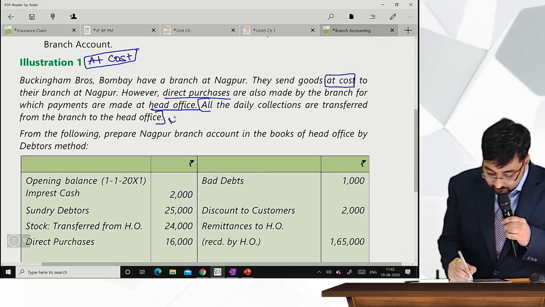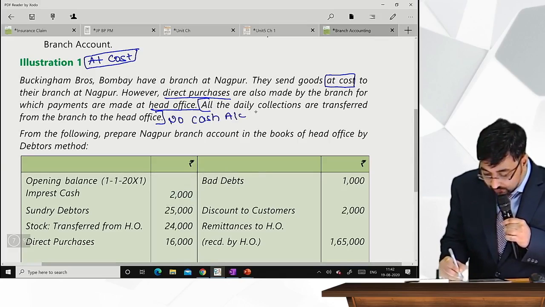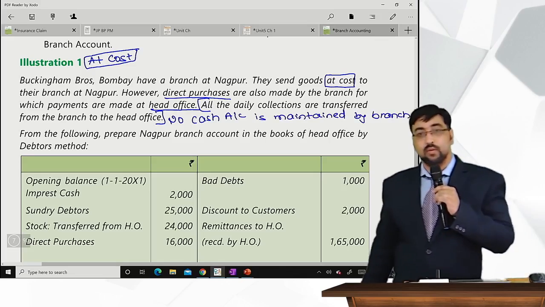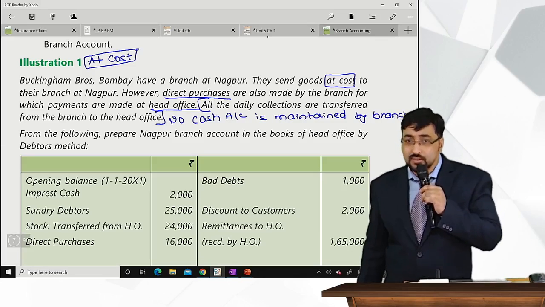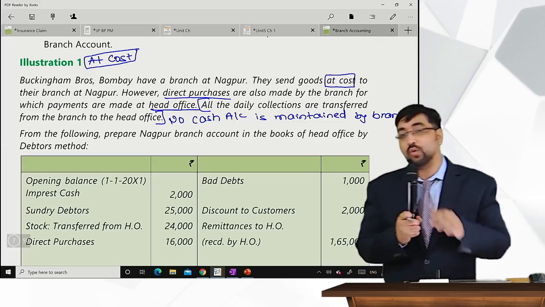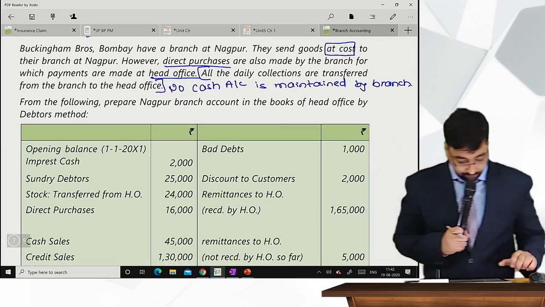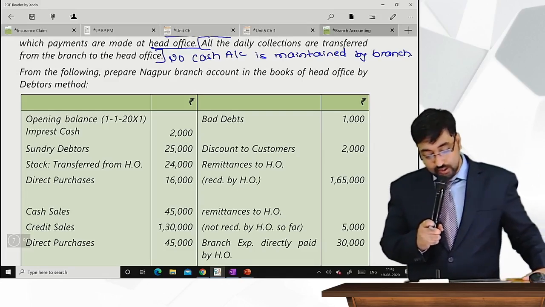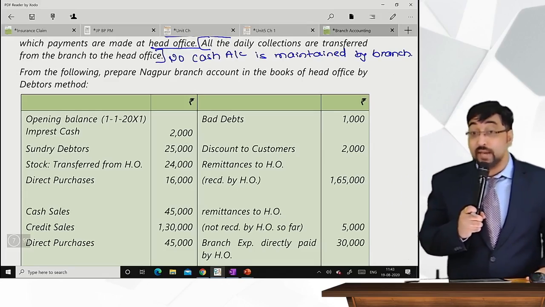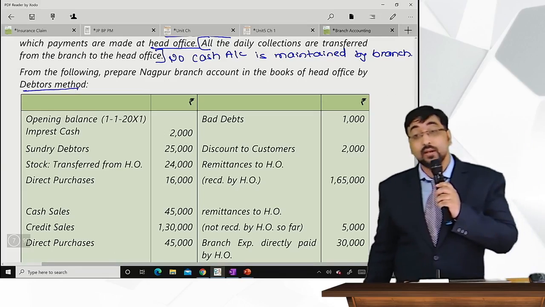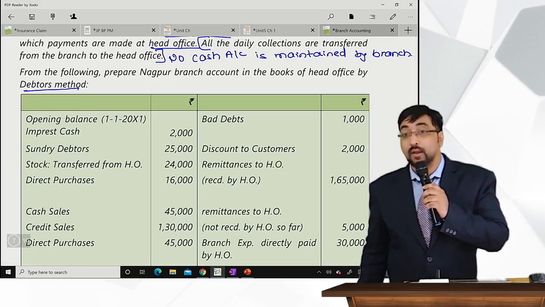Does it make sense? Yes. If daily cash is sent to head office, then branch is not going to maintain any cash account. From the following, you have to prepare Nagpur branch account in the books of head office by debtors method. So friends, if it is debtors method, then definitely we have to think from the angle of HO.